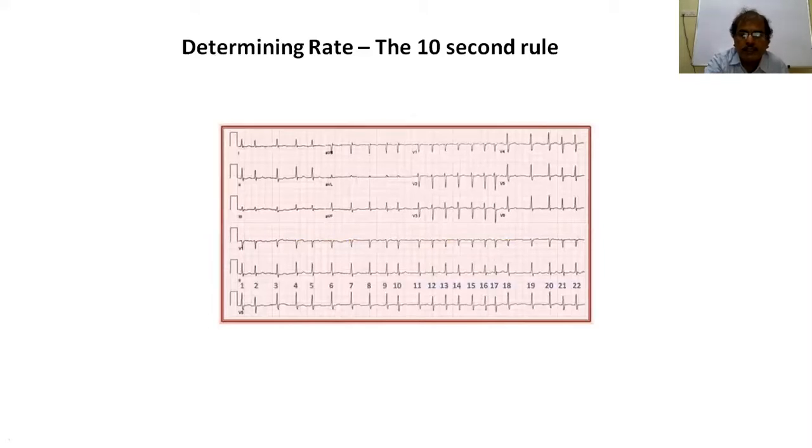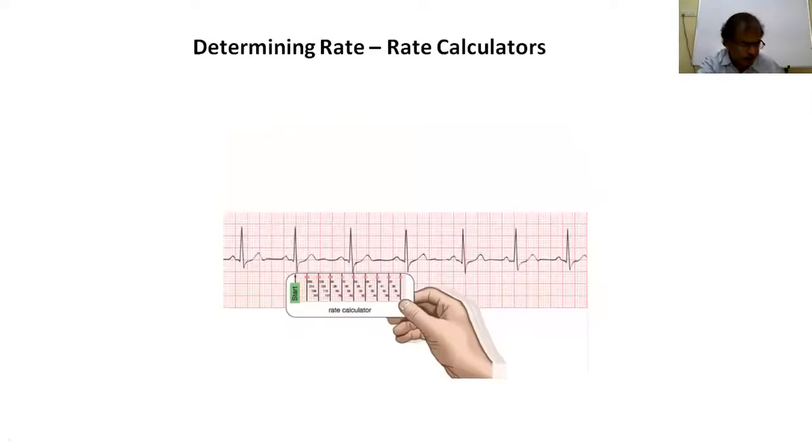Here there are 22 complexes. You see 1, 2, 3, 4, 5. So there are 22 complexes here. So 22 into 6 is 132 beats per minute. This is how we calculate the heart rate by the rule of 10 seconds.